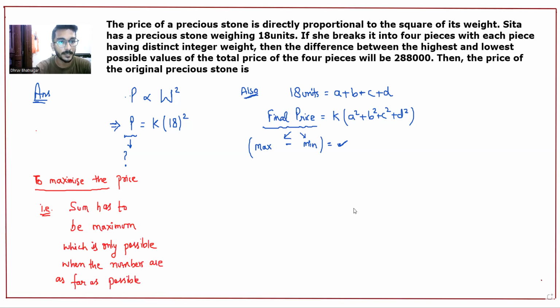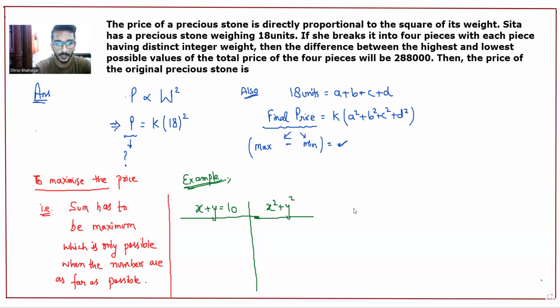Let's understand this by an example. Let's suppose we have x plus y equal to 10, and we have to find x square plus y square. This concept is applicable in this question also.